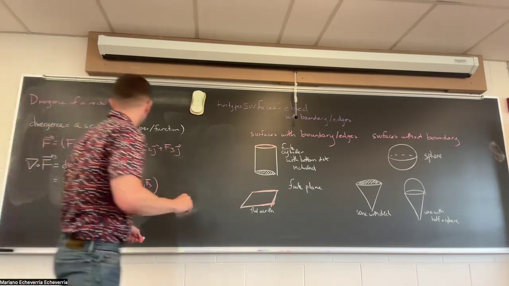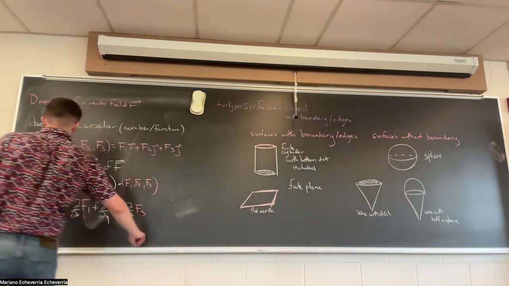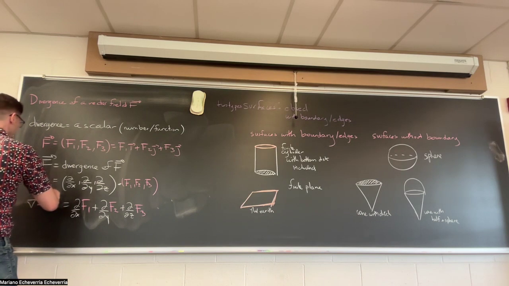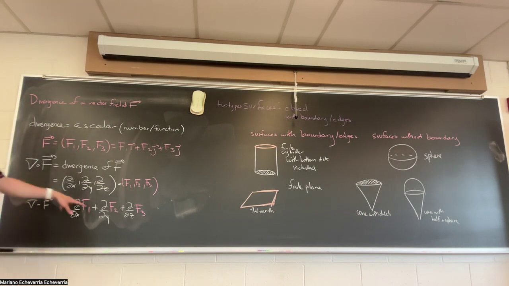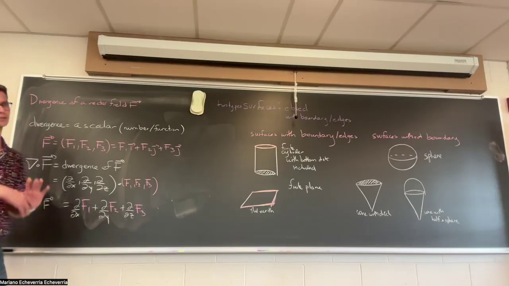So the divergence is a sum of partial derivatives, but the ones you add are pretty simple: the first entry with respect to x, the second entry with respect to y, the third entry with respect to z. Then you just add all of them together.